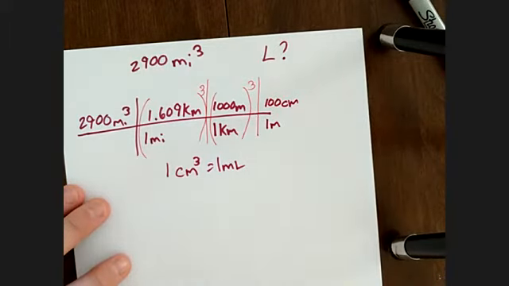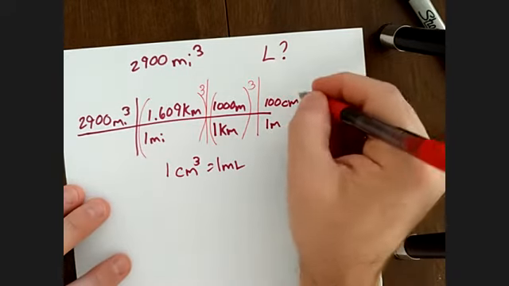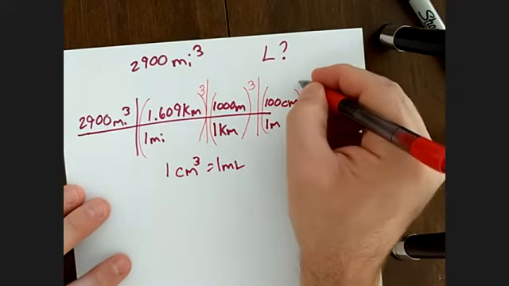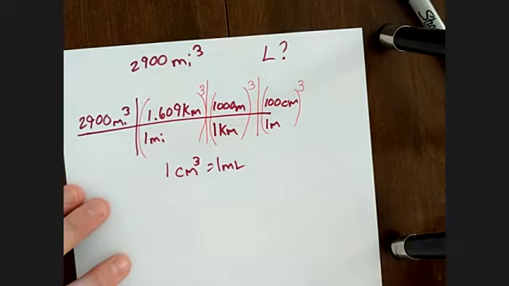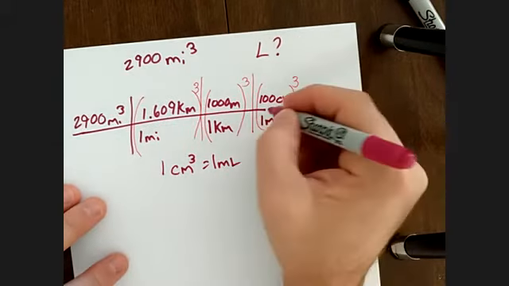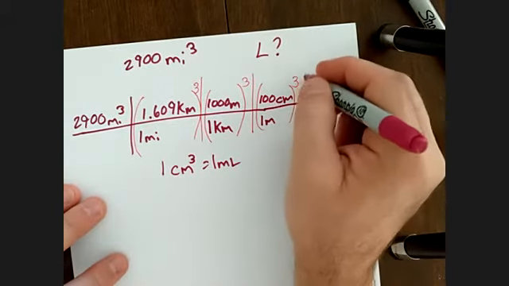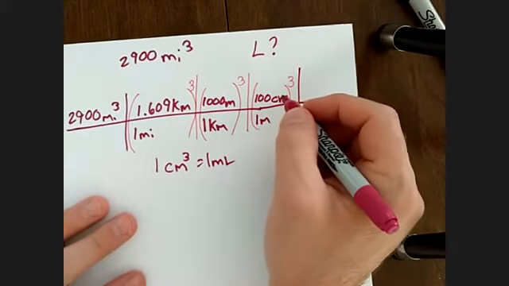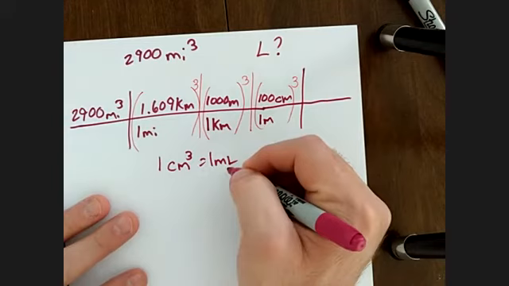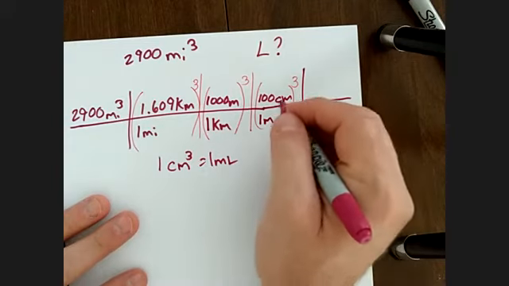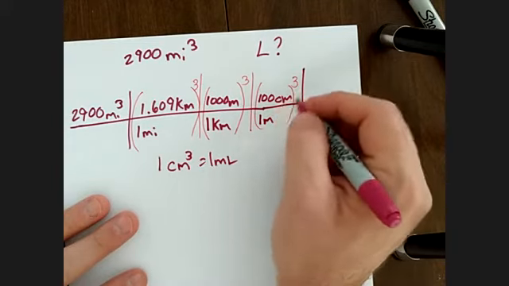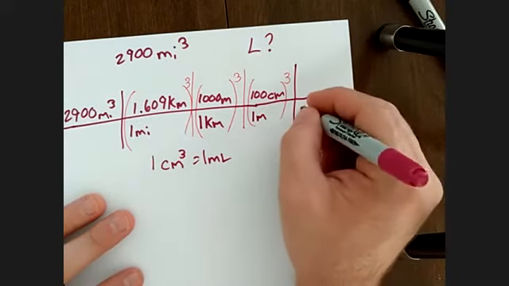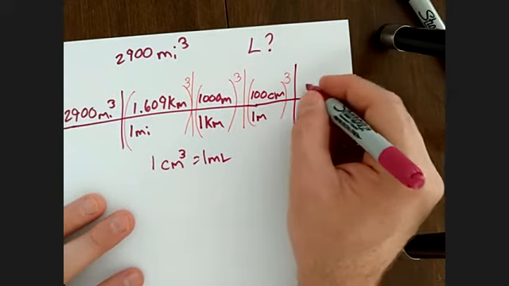Again here, this whole term gets cubed. Now, this would put us in centimeters cubed, which is the same as a milliliter. So you would say 1 centimeter cubed is 1 milliliter.